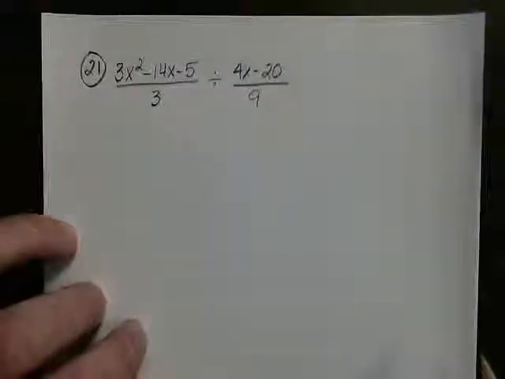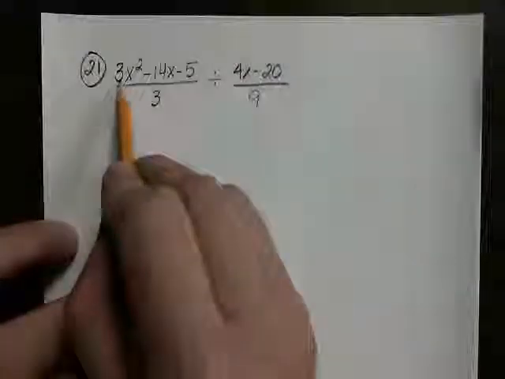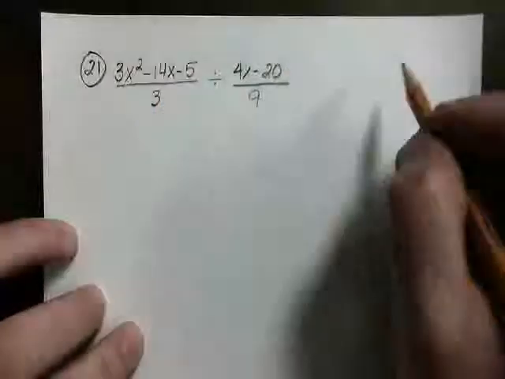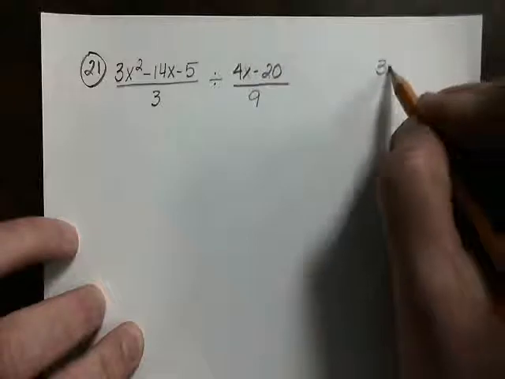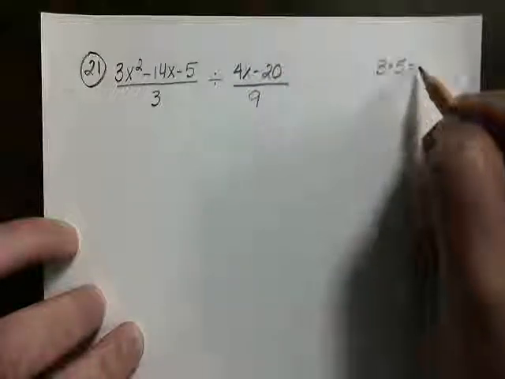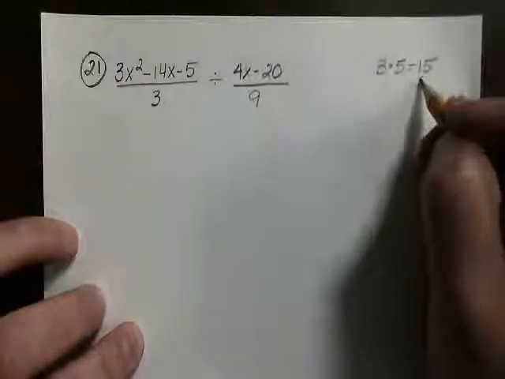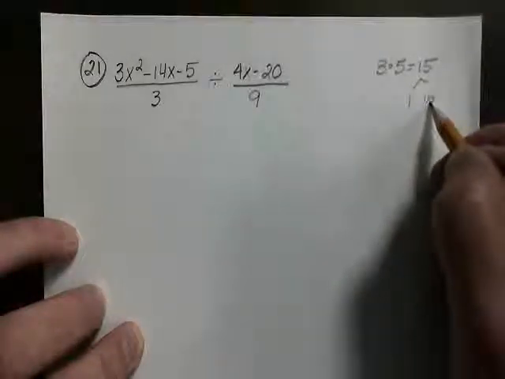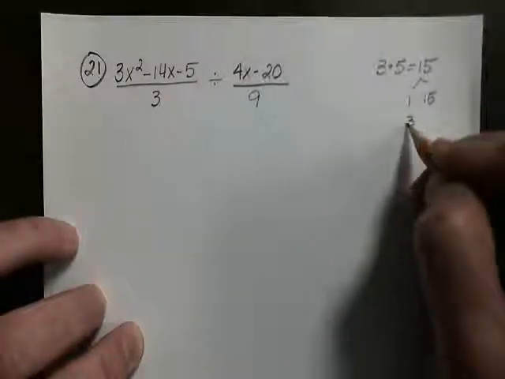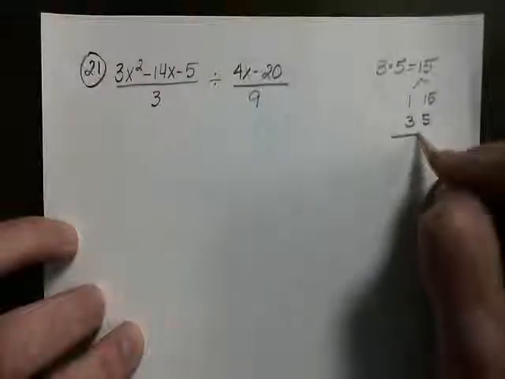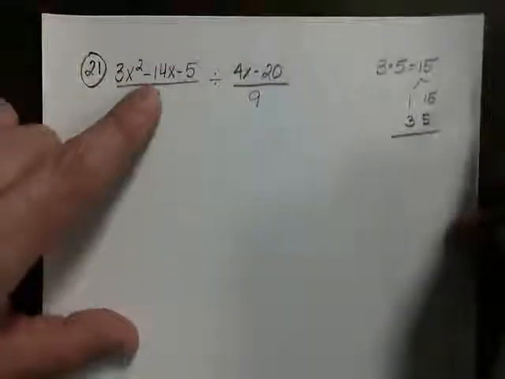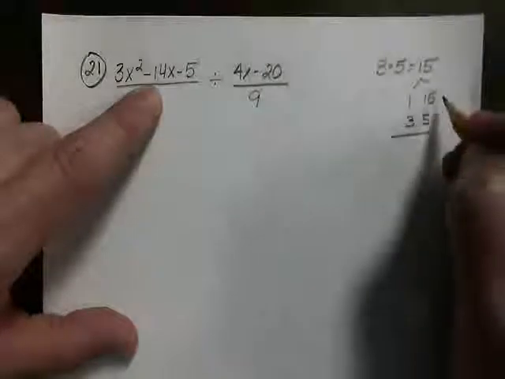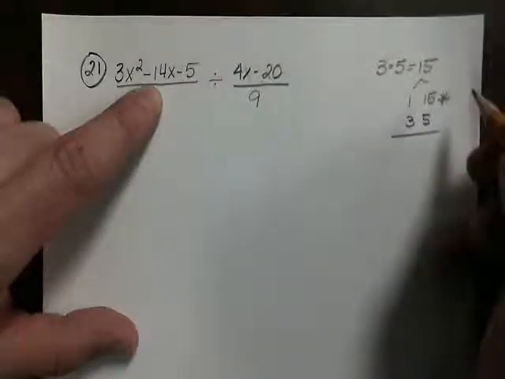So first thing I'm going to do is, I notice that I have a 3 and a 5, so I'm going to do 3 times 5 equals 15, which is going to give me 1 and 15. Which number is going to give me the 14? The answer is 1 and 15.